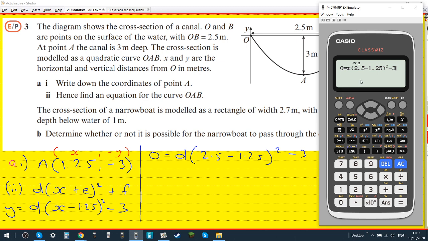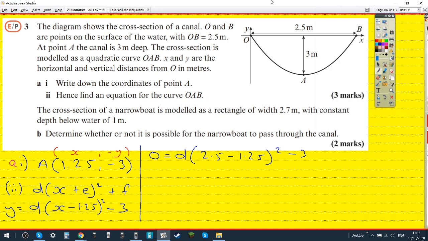Yeah, shift calc for solve. And then just pick a random number. Yeah. So I got x equals 1.92. I got the same. X equals 1.92. And so, what's the final answer for this question? 1.92.